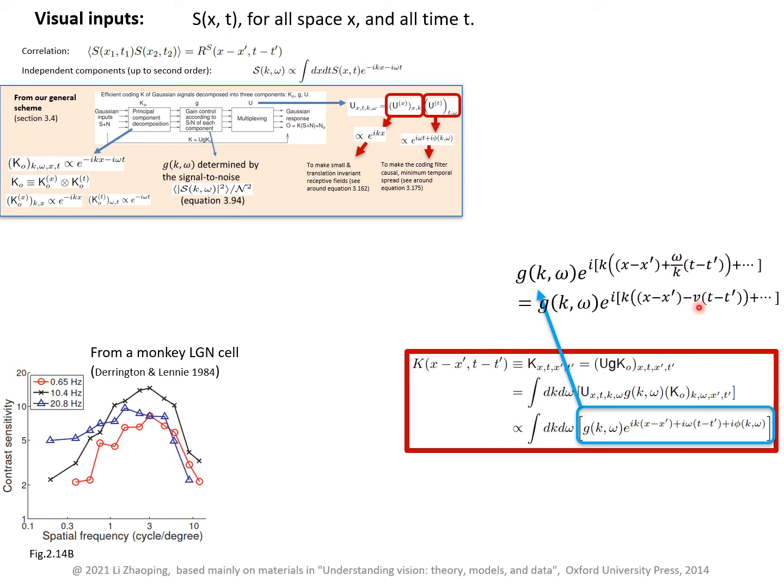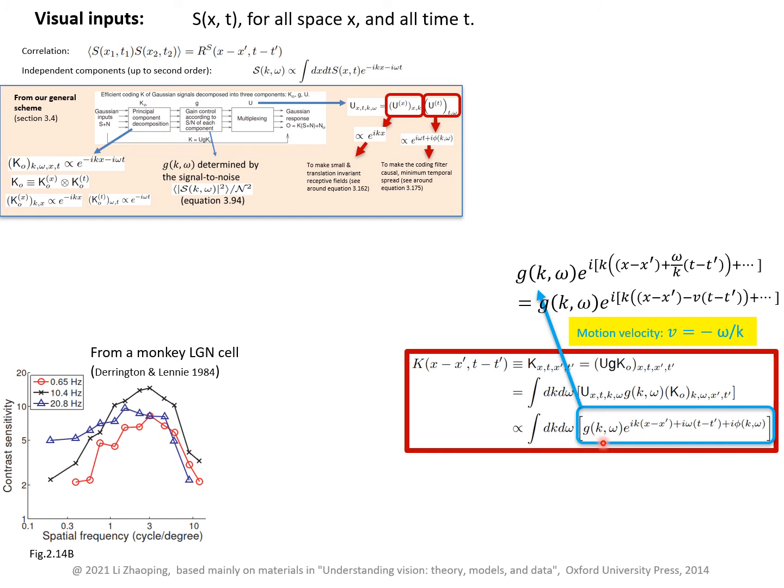And now we recognize that this v is the velocity for this spatial temporal wave, and this spatial temporal wave has spatial frequency k and temporal frequency omega.